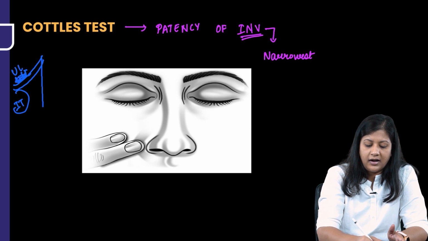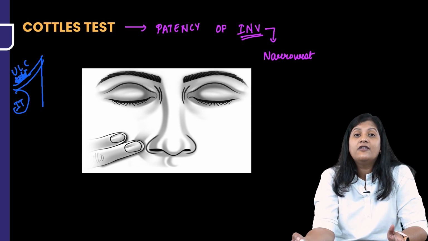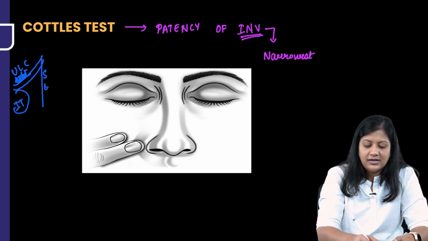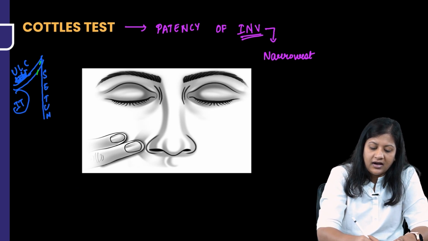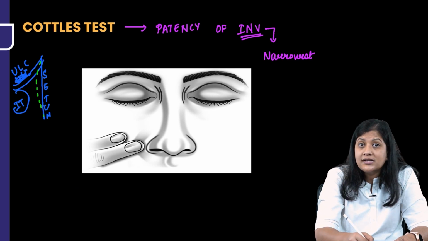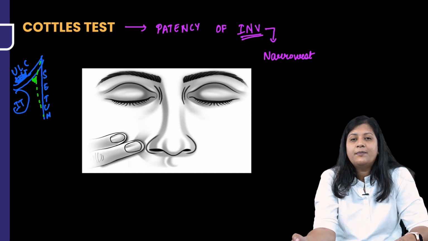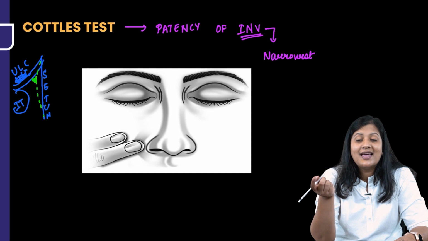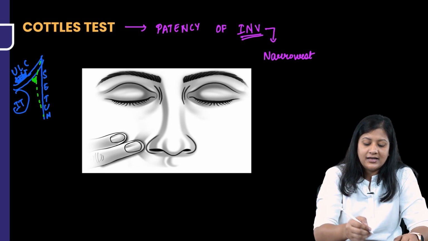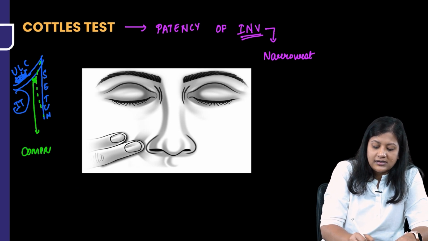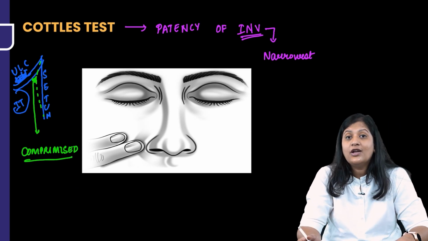Now, if you have a patient with a deviated nasal septum, is it not compromising the internal nasal valve? Yes. So will the patient have nasal obstruction? Yes. Now, to understand whether this internal nasal valve has been compromised or not, we do this test called Cottle's test.